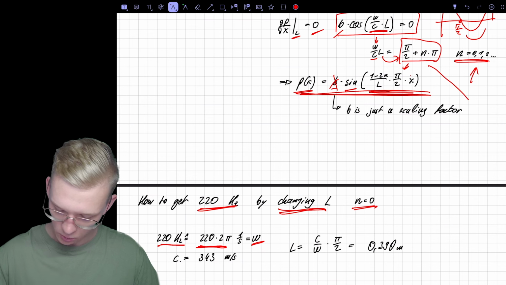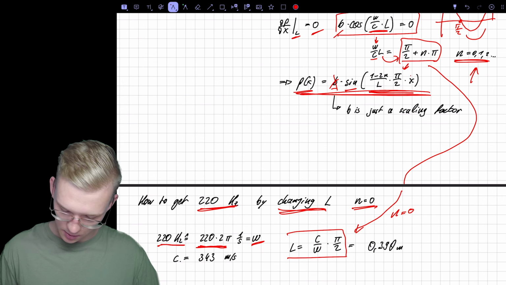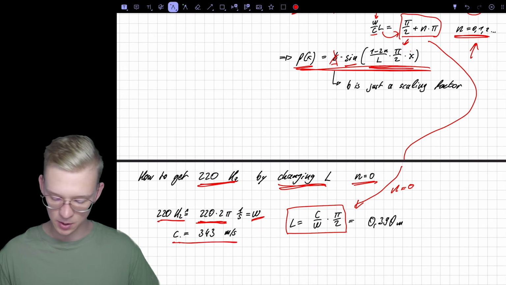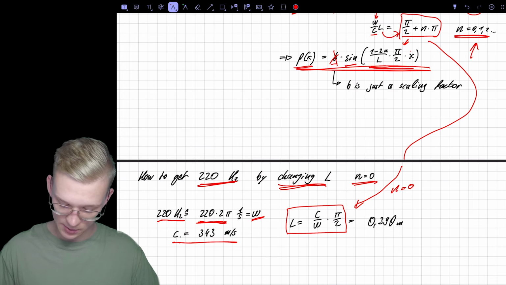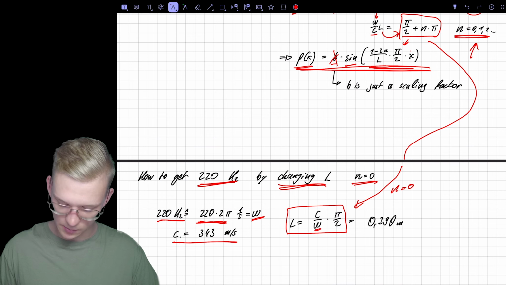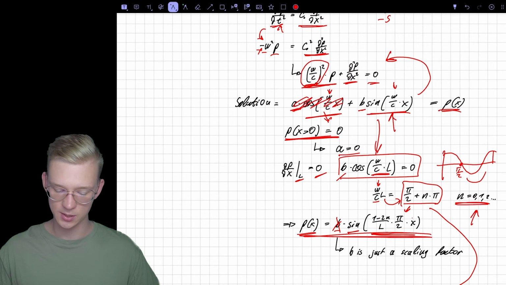And from that equation right there, where we said n is equal to 0, we will get this equation, where we also have to know the speed of sound. And we just divide the speed of sound by 2 times 122 times pi divided by 2, and we will get approximately 40 centimeters.